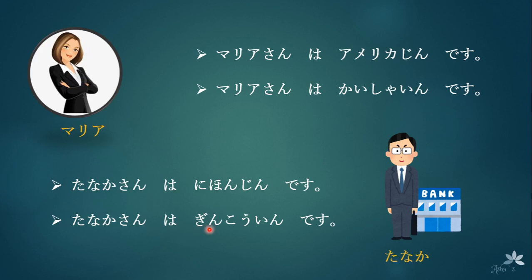Tanaka-san wa ginko-in desu. So Mr. Tanaka is a bank employee. So the subject in these two sentences is Mr. Tanaka. We are talking about Mr. Tanaka. So remember, wa is a subject marker.